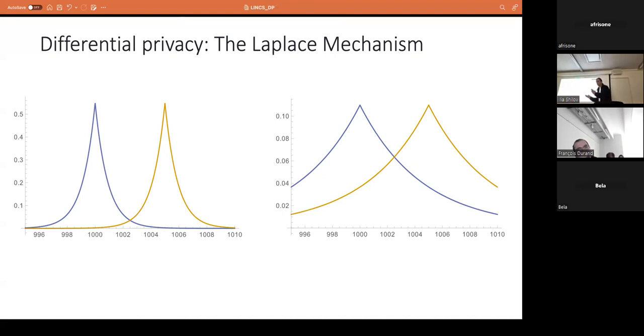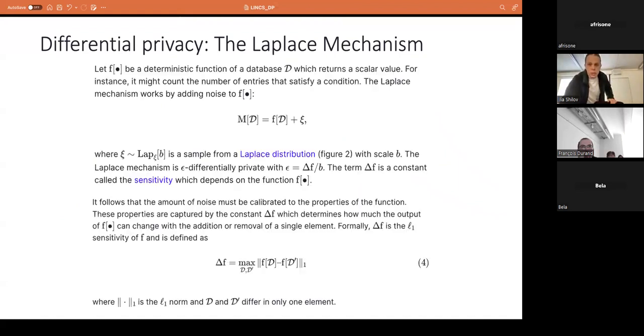Because of that, we will have to put much more noise on this data to make them look more similar. And how much noise do you put? It depends exactly on the distance, the max L1 norm of the difference between the deterministic outputs on these two datasets. Imagine in my example that the dataset is without this guy, and the prime is with this guy.